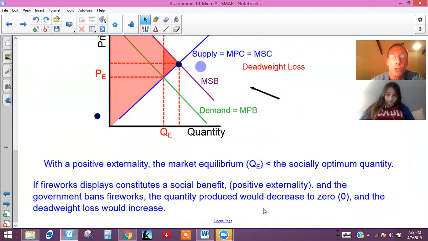So you can say if a fireworks display constitutes a social benefit or a positive externality, and the government bans fireworks, the quantity produced would decrease to zero, and the deadweight loss would increase.